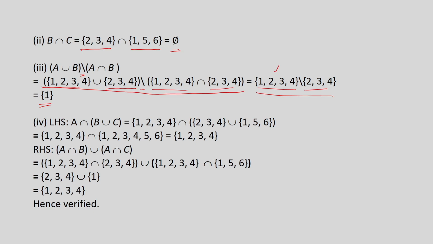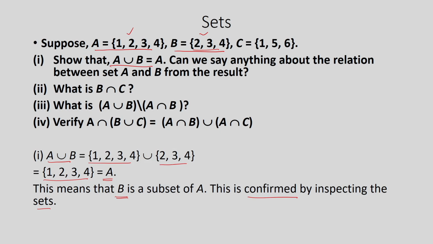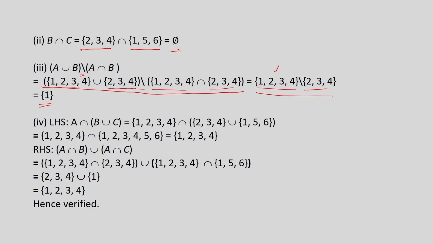And last problem, the fourth problem was verify A intersection within the brackets B union C is equal to within the brackets A intersection B union A intersection C. So, we start with the LHS, that is the left hand side.